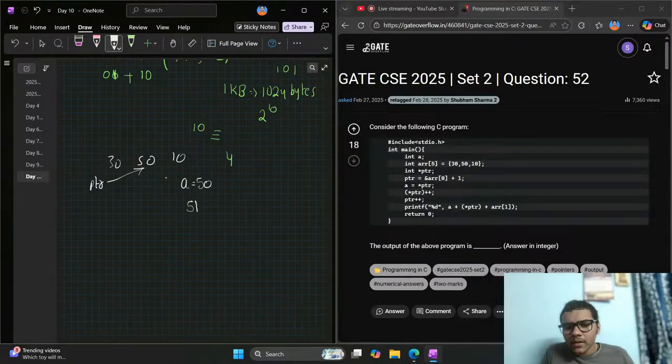So pointer plus plus. I did this right. So the pointer is currently pointing to 50 and the pointer points to 10 now. Okay, so 51 plus 10, that is 61, plus array of 1.